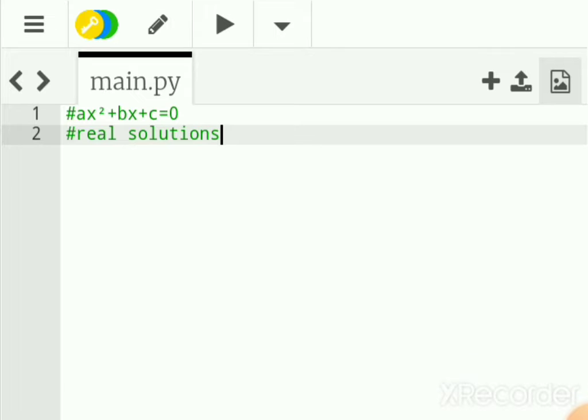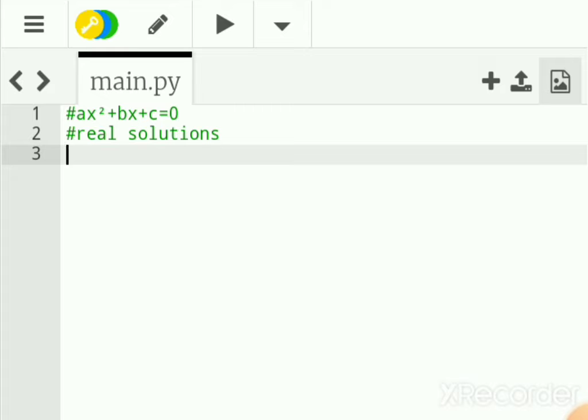Good. So to do this in Python is easy. We'll use our conditional statements to write an adequate code that gives us the solutions of this type of equation.